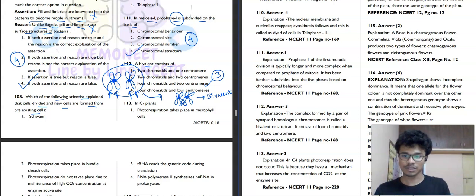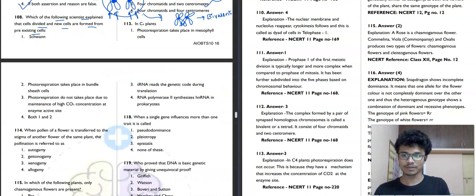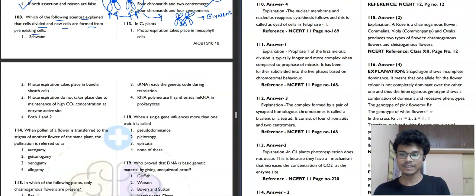Moving towards the next question, 130. It is saying that in C4 plants, photorespiration takes place in mesophyll cells. Next, photorespiration takes place in bundle sheath cells, and then photorespiration does not take place due to maintenance of high CO2 concentration at the enzyme active site.